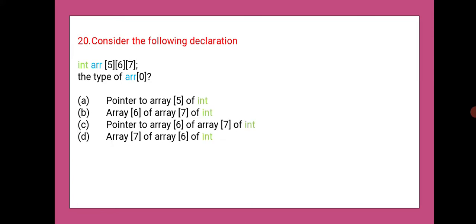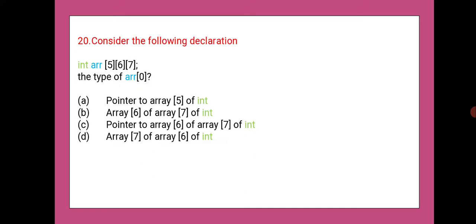Is it a pointer to array of 5 of int, array of 6 of array 7 of int, or pointer to array 6 of array 7 of int, or array of 7 of array 6 of int? See, the type of variable of incomplete array type is completed by another complete declaration for the variable.